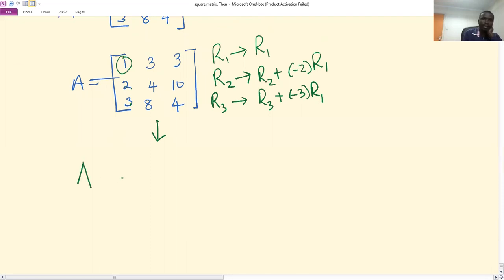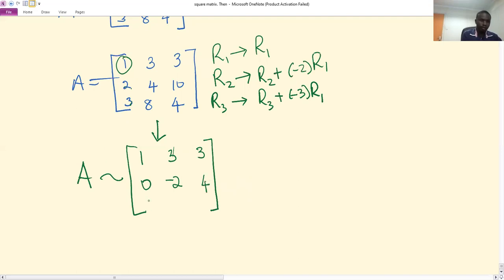By doing that, we'll get the matrix. A is now equivalent to 1, 3, 3, and then 0, 4 plus -2 times 3 is -2, 10 plus -2 times 3 is 4.